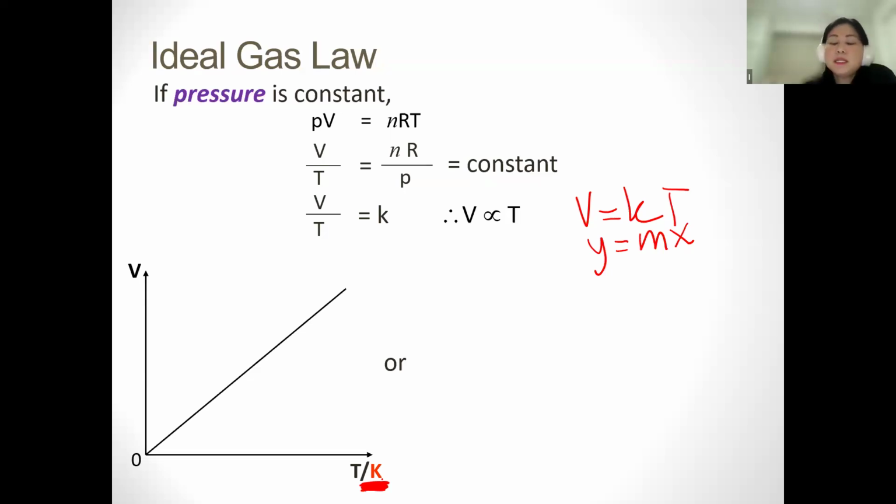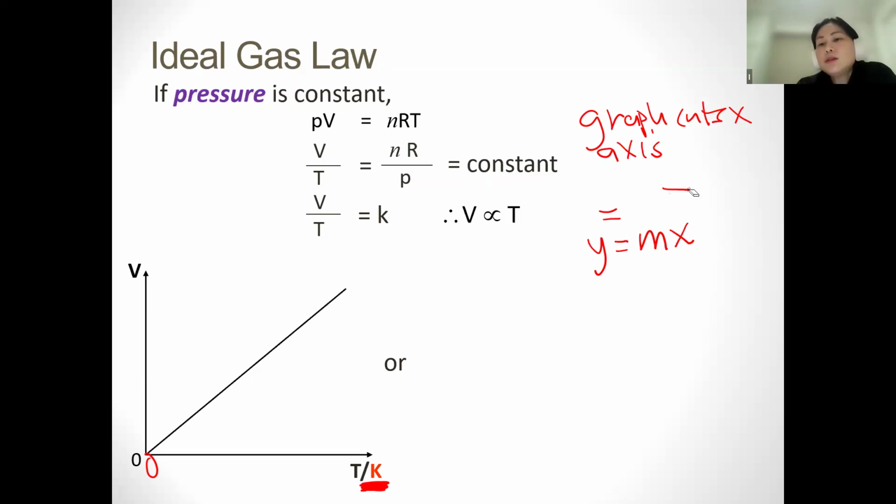But what if it's in degrees Celsius? You can see that the graph passes to 0 Kelvin. The x-axis is the temperature, so the graph actually cuts the x-axis at 0 Kelvin.